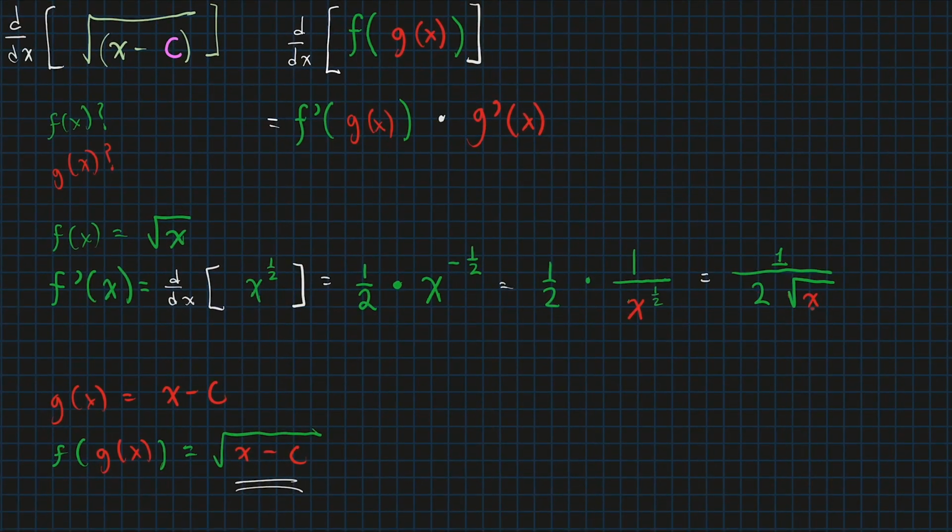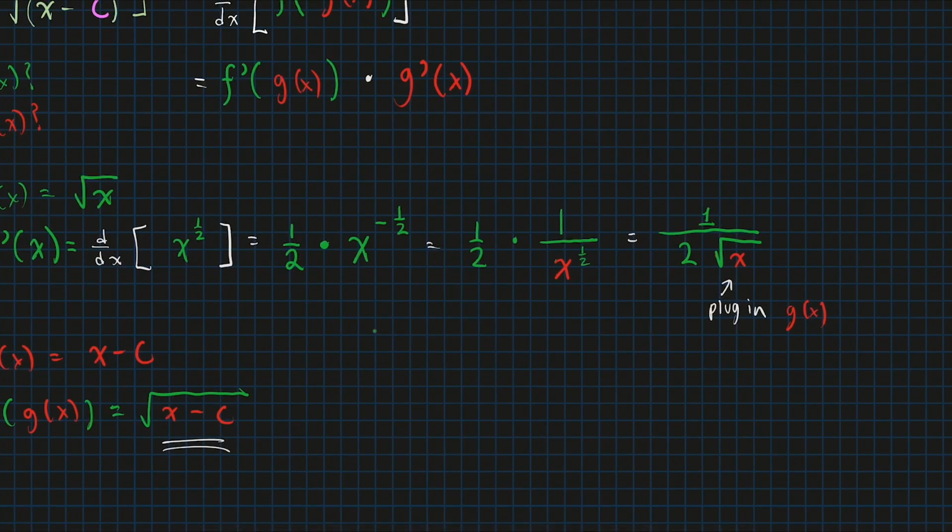Now, to make this f prime of g of x, we have to plug in g of x, where x is. That makes it f prime of g of x, not just f prime of x.